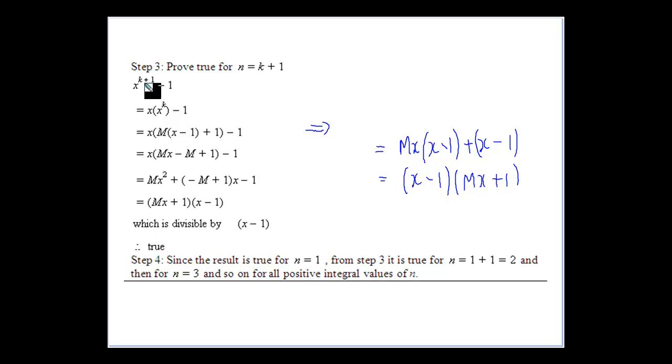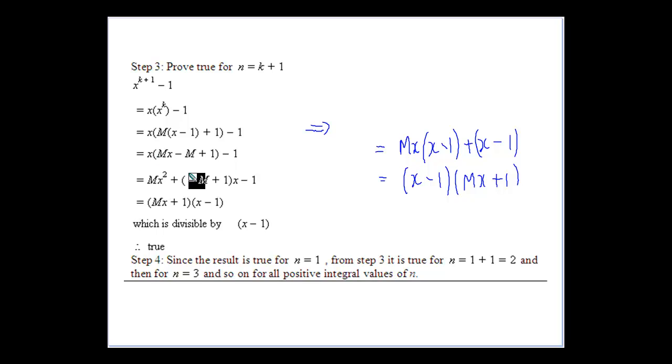So I'll start with x^(k+1) minus 1. So x outside of x^k. Again, I can make my assumption step and substitute it in: x(m(x minus 1) plus 1) minus 1. Starting to clean up what's inside the bracket gives me x(mx minus m plus 1).